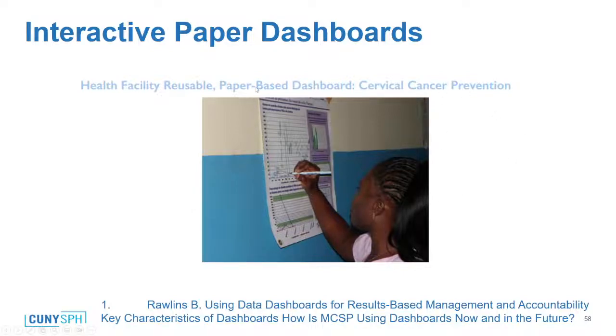They have their bar graph, they have the line graph, and they have some indicators that they are just drawing in the way that they are occurring in the poster, and they are creating an interactive, real-time, paper-based dashboard.